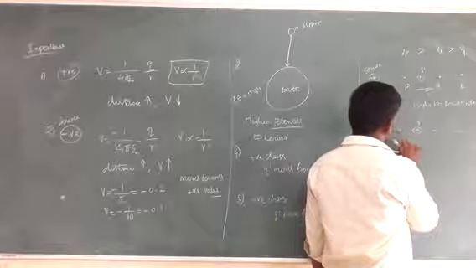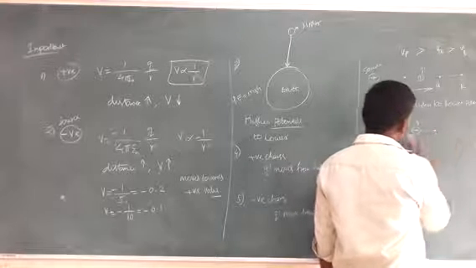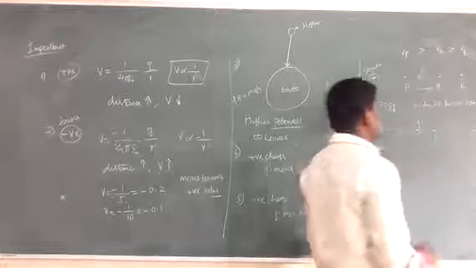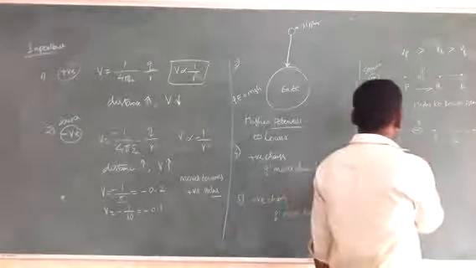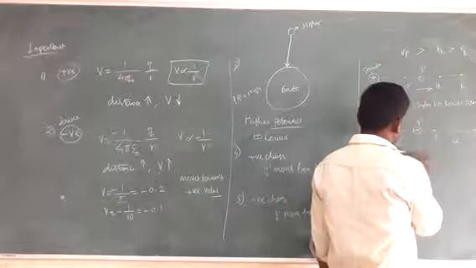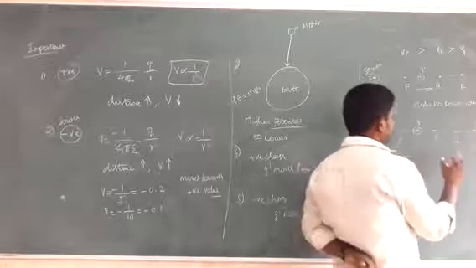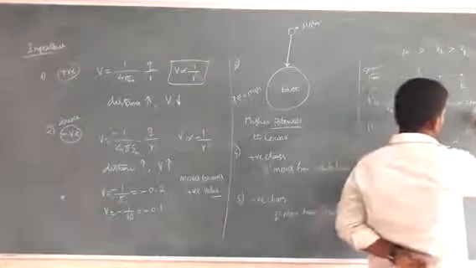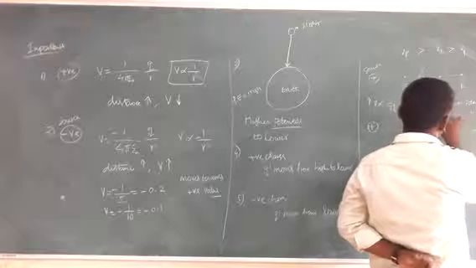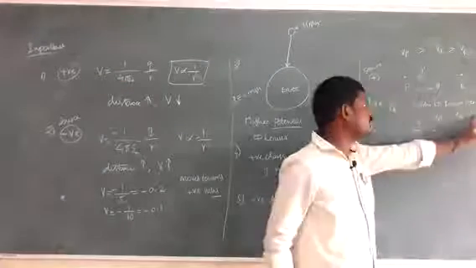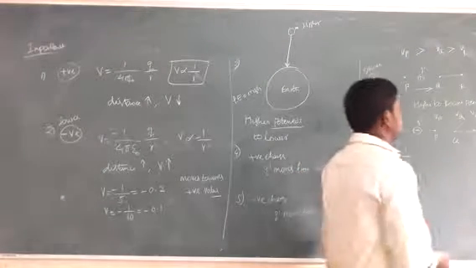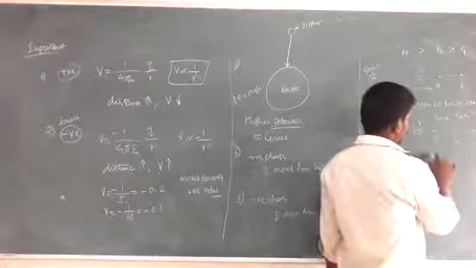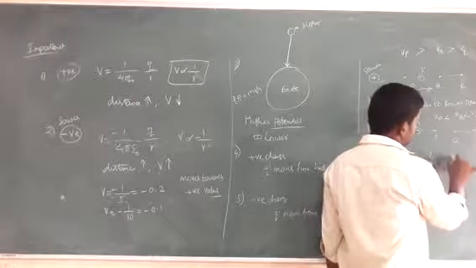So again we use P, then Q, then R. Again V is inversely proportional to R, but with a minus sign. So as distance increases, potential value also increases. So VP is less than VQ, and VQ is less than VR. That means potential at VR is greater than at VQ.